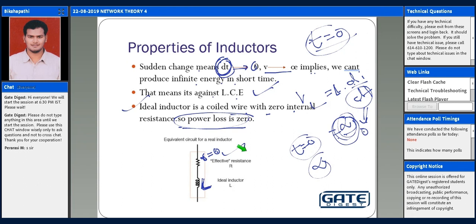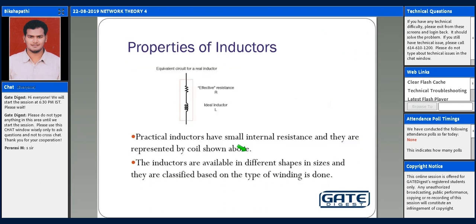Inductors are available in different shapes and sizes, and they are classified based on the type of core material on which the winding is done. So we have different kinds of inductors in the market. Depending on which type of winding is done inside, we can classify which type of inductor it is.